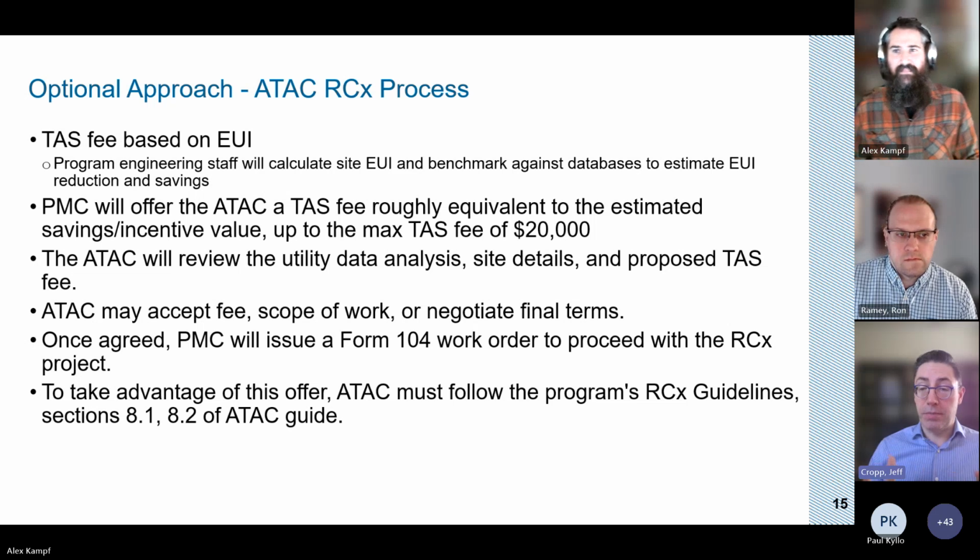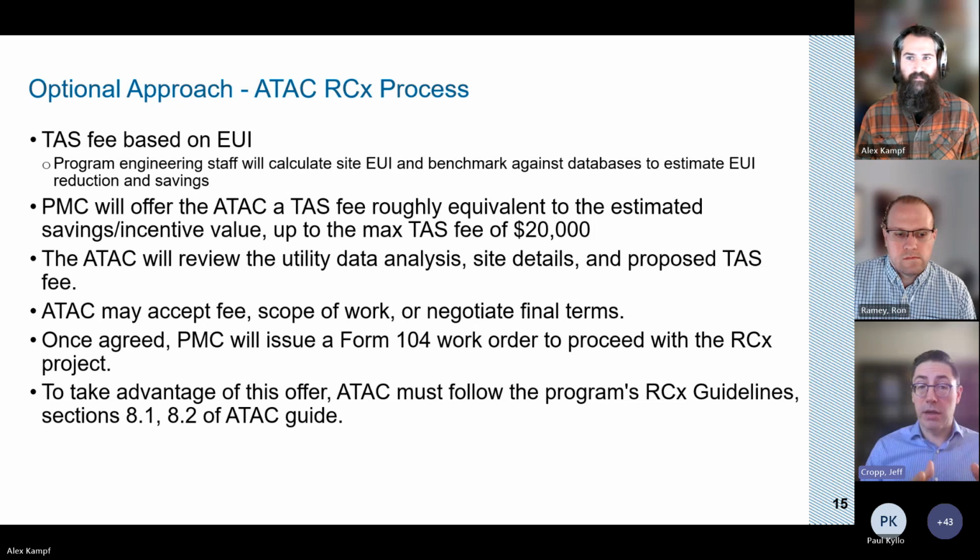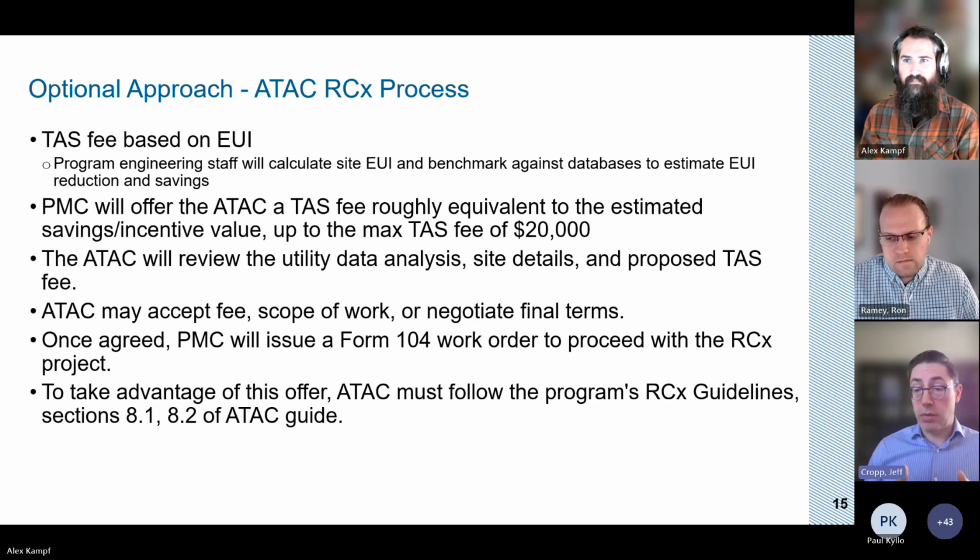So this is our optional approach. You could go through the regular retro commissioning approach where you go through the proposal process, everything like this. We are trying to simplify this and make it easier for ATACs to bring retro commissioning projects to us. So in this case, if you have someone who is interested in retro commissioning, or an energy advisor is interested in retro commissioning, then we will actually look at the EUI and just make some rough calculations.